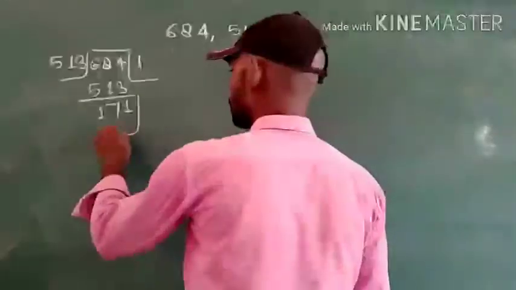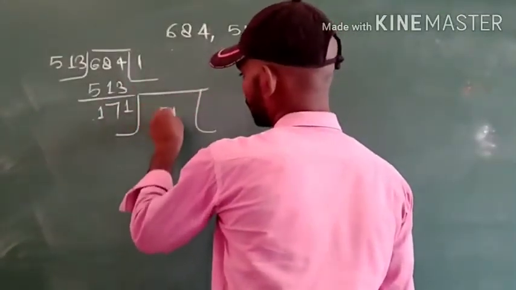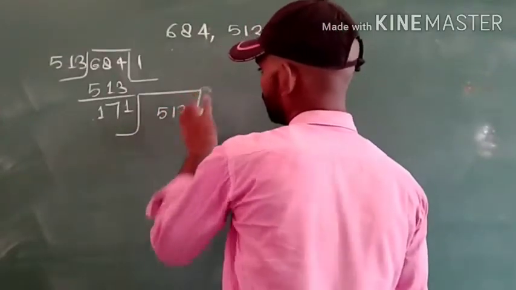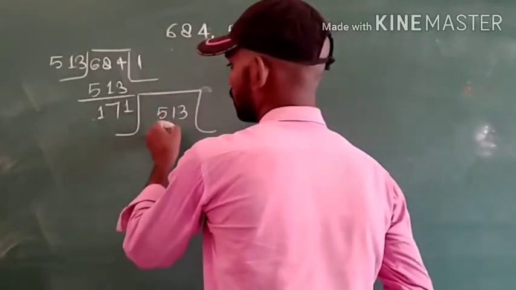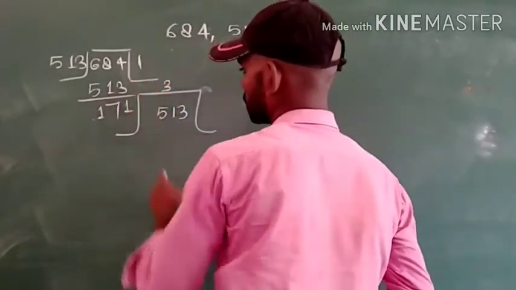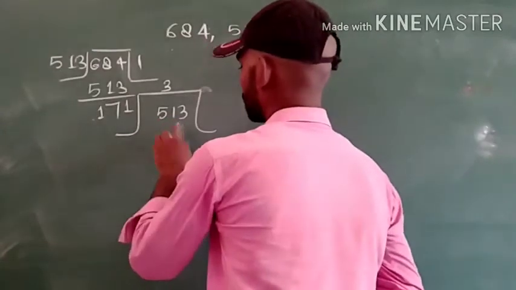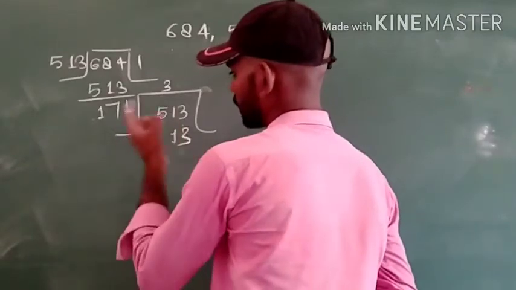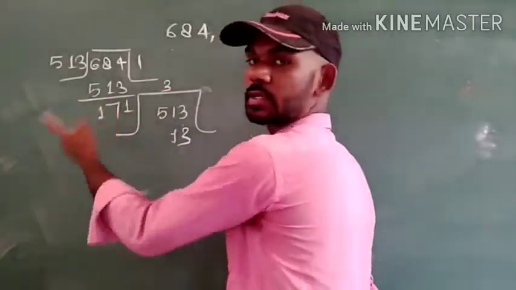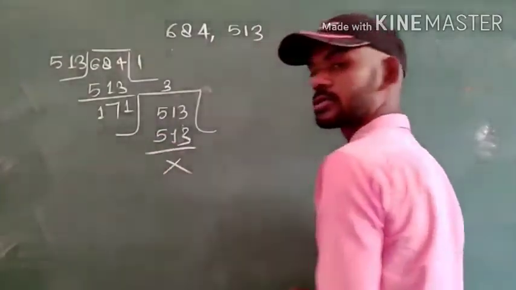In the next step we take 513 and divide it by 171, so we get 3. 3 1s are 3, 3 7s are 21, carry 2, 3 1s are 3 and 3 plus 2 is 5, and here the remainder is 0.